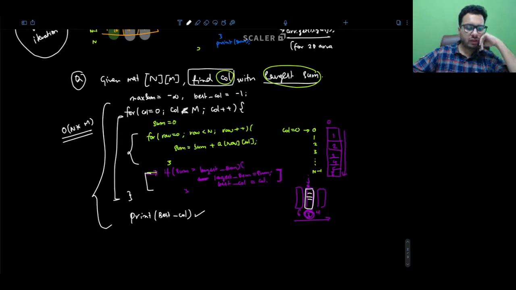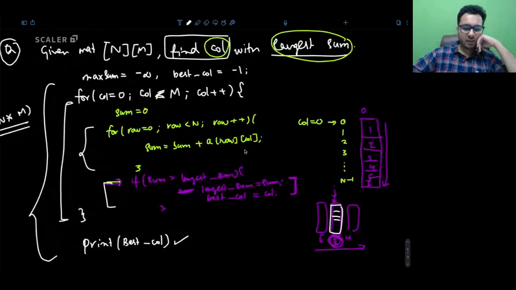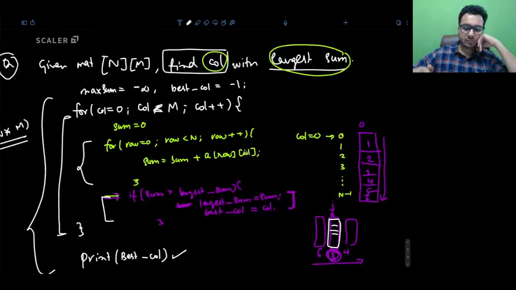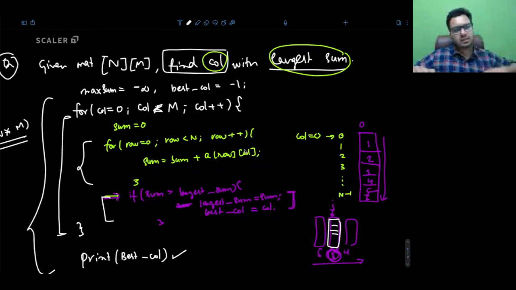Okay, so we have learned two types of iterations, right? Can you show how to do it in ArrayList? See, the thing is very simple. In case of an ArrayList, right? This question does not make sense for a jagged array because columns are not defined.